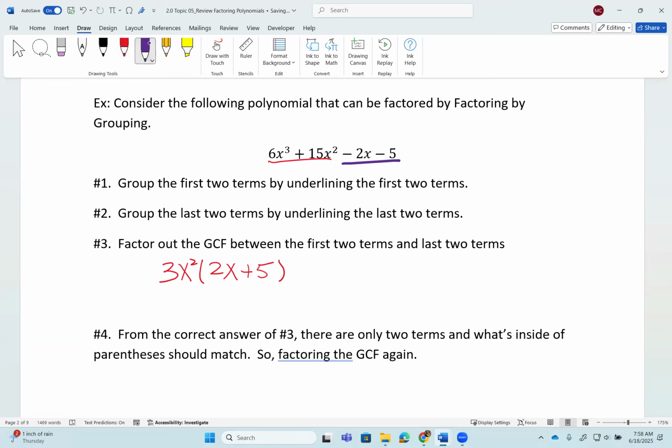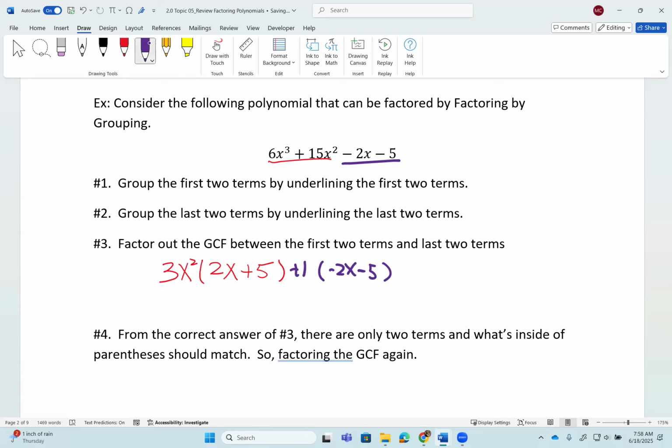All right, now factoring out the greatest common factor between the last 2 terms. What can I factor out between negative 2x and negative 5 so that what's inside the 2 parentheses will match? Well, the common factor is a 1. However, if I factor out a positive 1, it goes into negative 2x negative 2x times, and into negative 5 is negative 5.